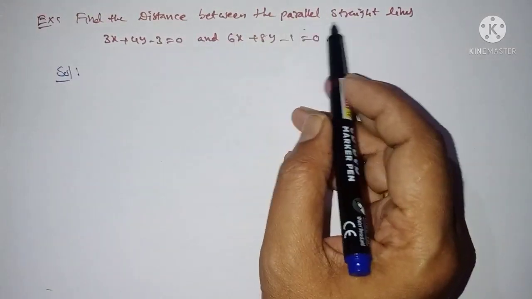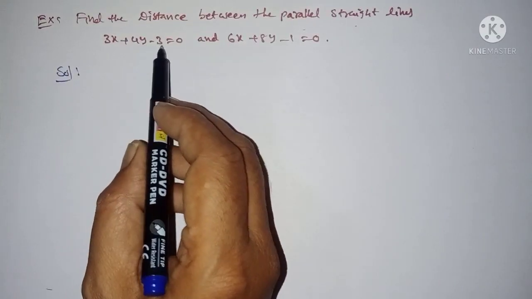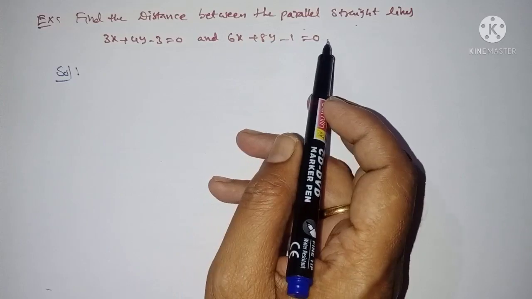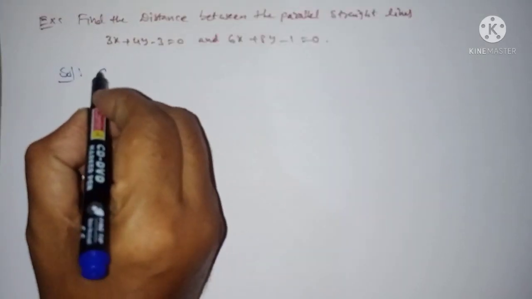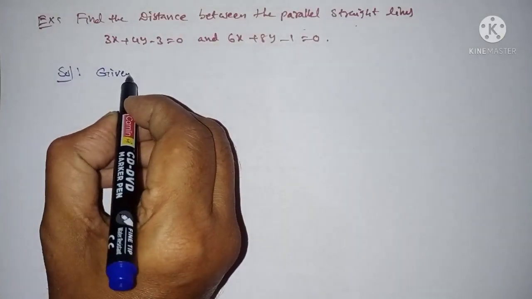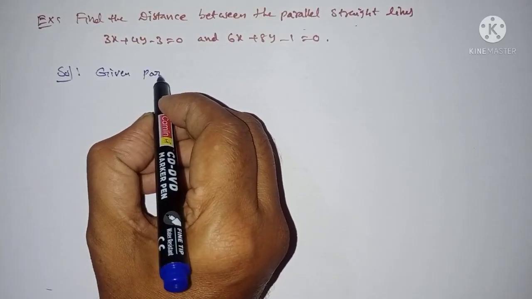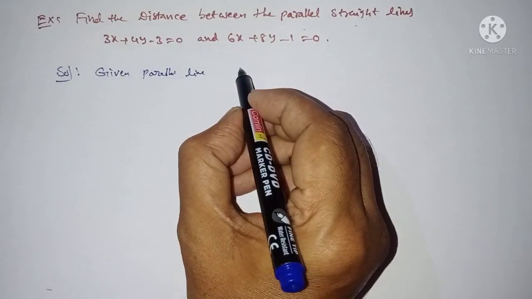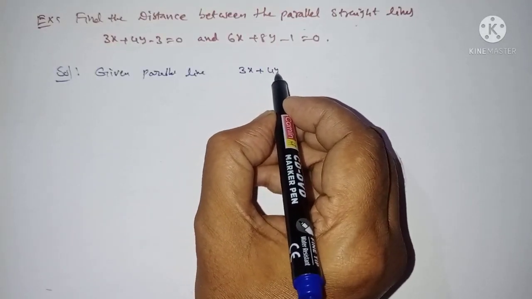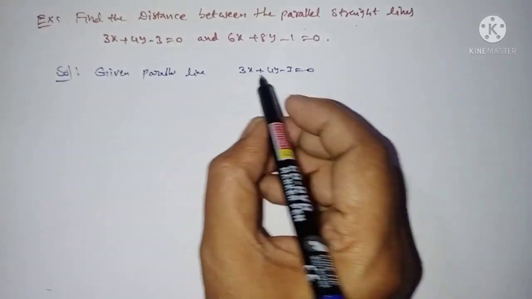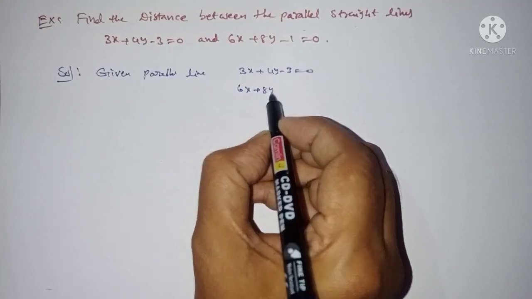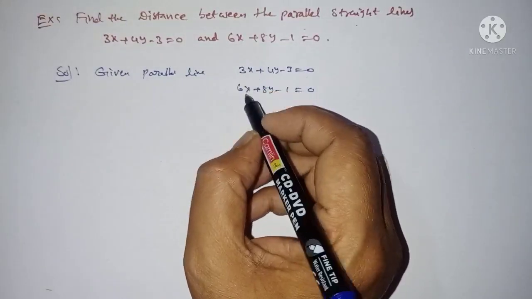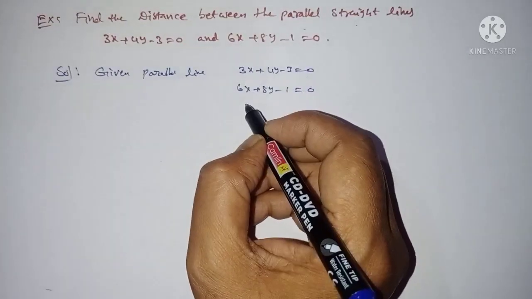Find the distance between the parallel straight lines 3x plus 4y minus 3 is equal to 0 and 6x plus 8y minus 1 is equal to 0. Listen, these are given parallel lines. The coefficients of x and y must be equal. Are they equal?